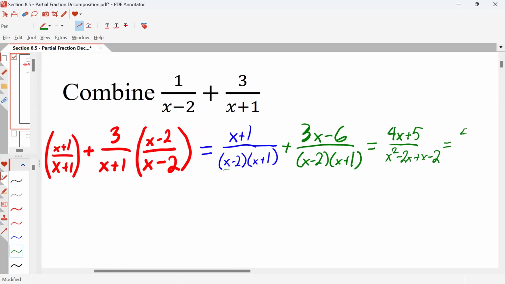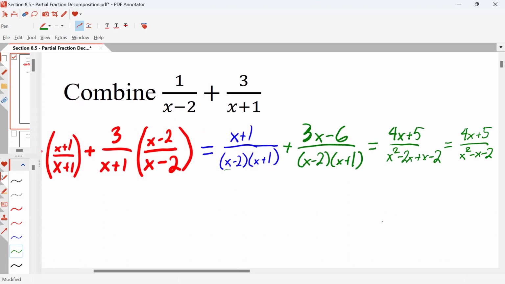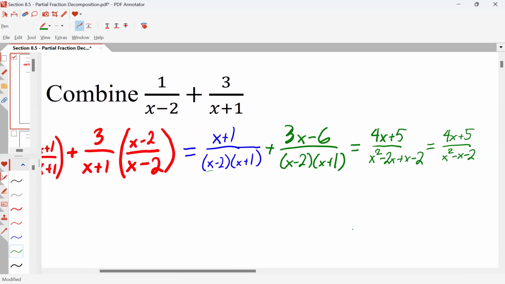Simplifying this one more time, we'd have 4x plus 5 all over x squared minus x minus 2. So we get that 1 over x minus 2 plus 3 over x plus 1 is 4x plus 5 over x squared minus x minus 2. Great.